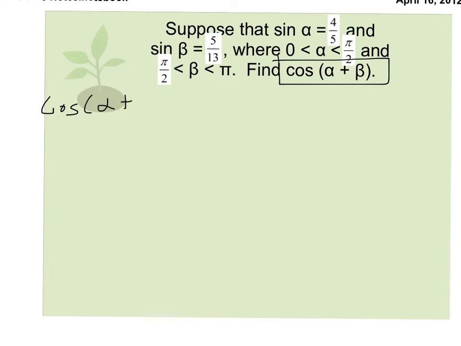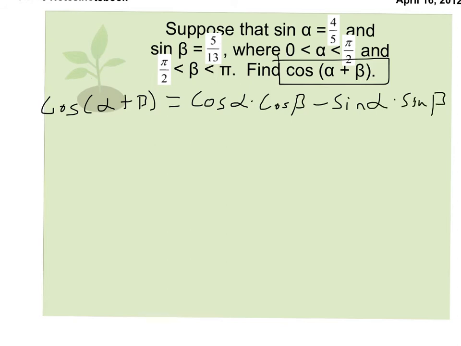The sum formula for cosine states that the cosine of the sum of two angles, call them alpha and beta, is the cosine of alpha times the cosine of beta minus the sine of alpha times the sine of beta.